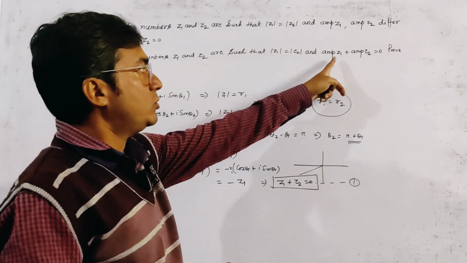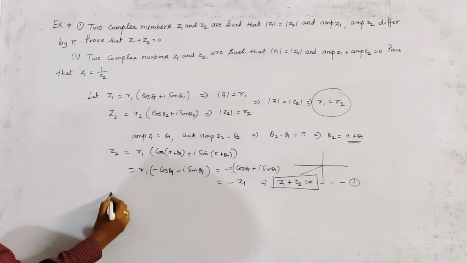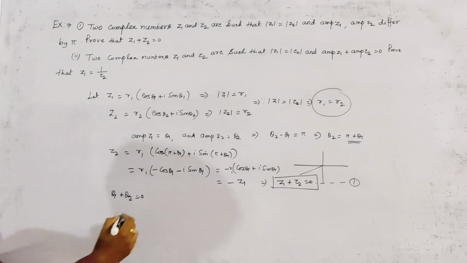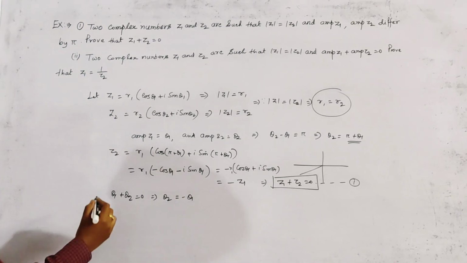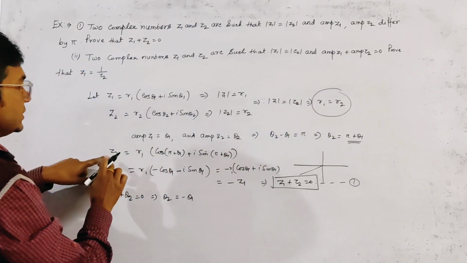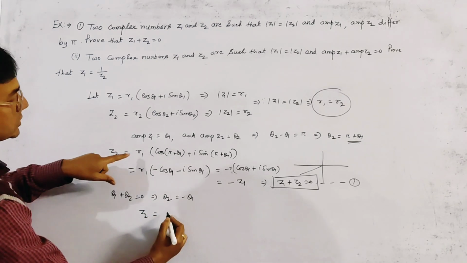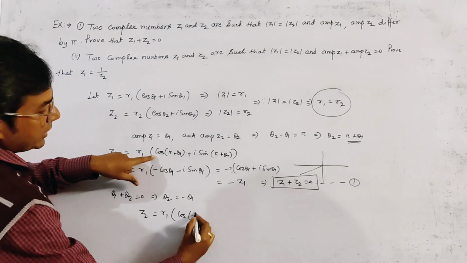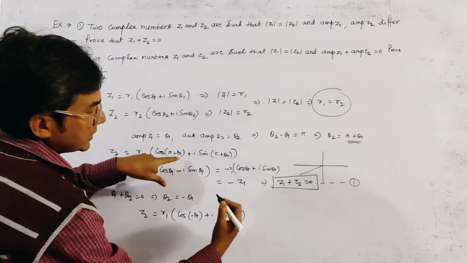Now the amplitude of Z1 plus the amplitude of Z2 is equal to 0. So from the second problem, theta 1 plus theta 2 is equal to 0. So we get theta 2 equal to minus theta 1, and we put this value of theta 2 and this value of R2 in Z2. As in problem 1, we get Z2 equal to R1 into cos of minus theta 1 plus I sin of minus theta 1.